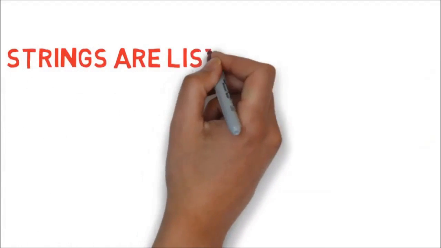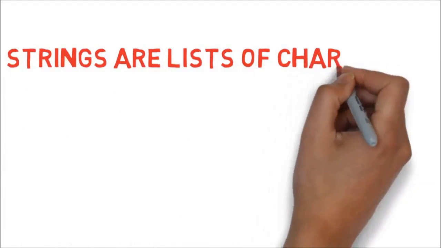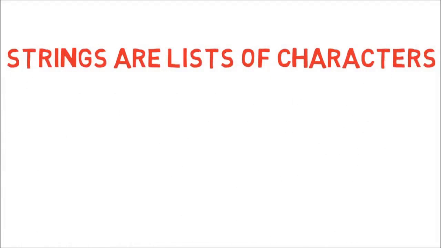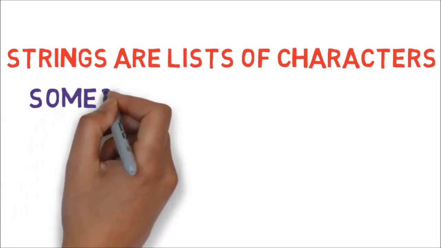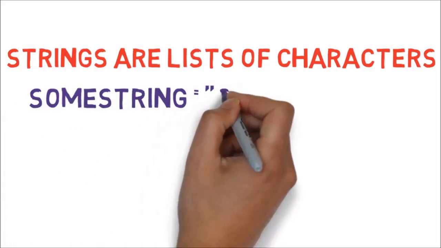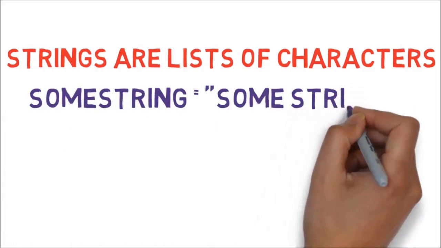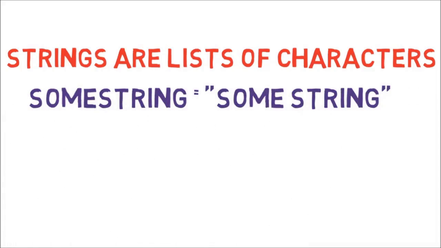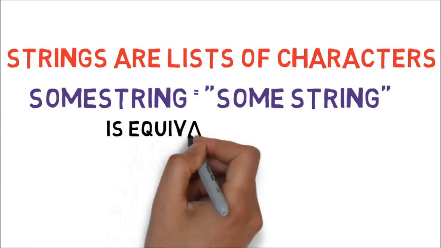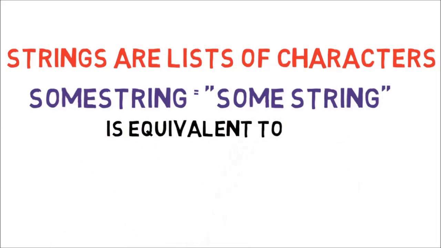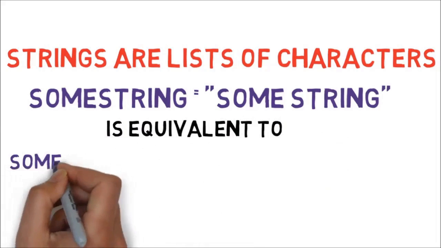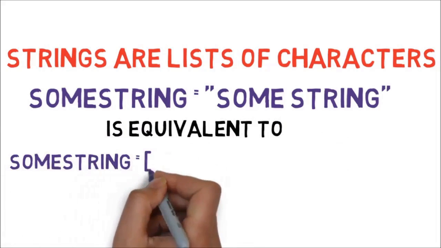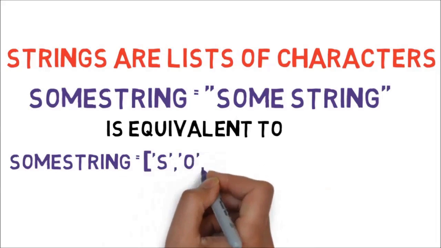Everything in life is a list. Strings are lists of characters. Let's say you have a variable called SumString to which you've assigned the string SumString. This is equivalent to having a list of characters, each of the characters in the string SumString.